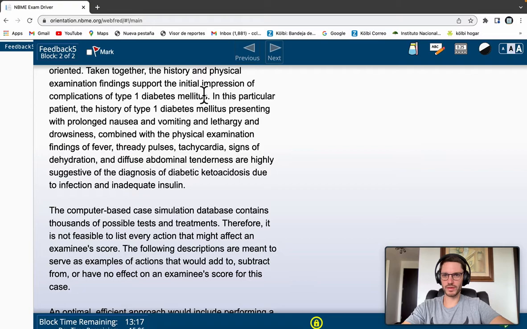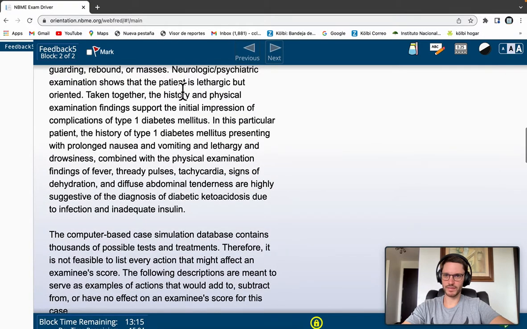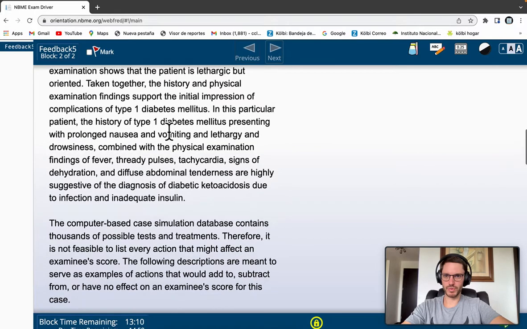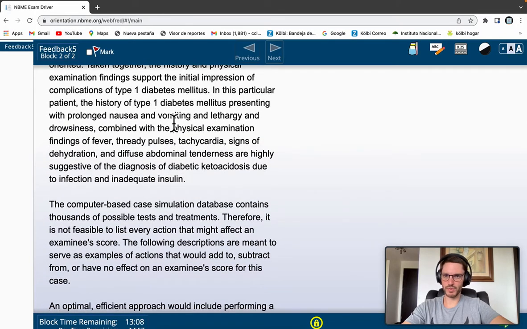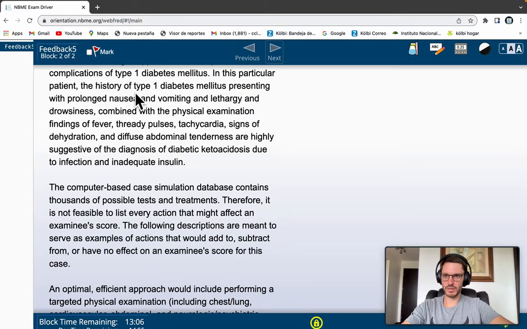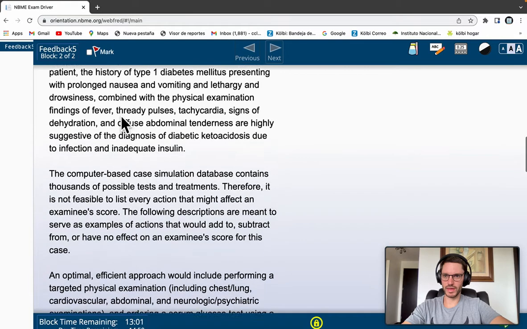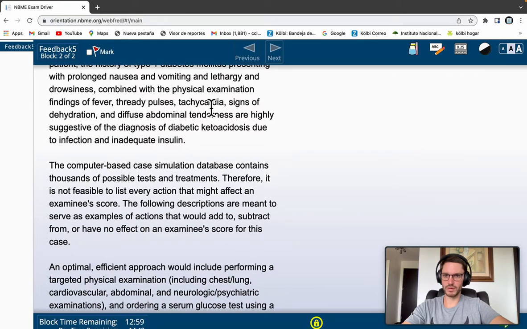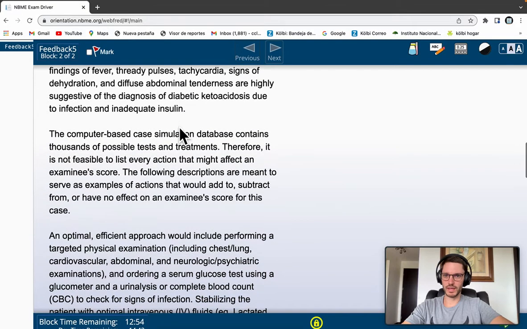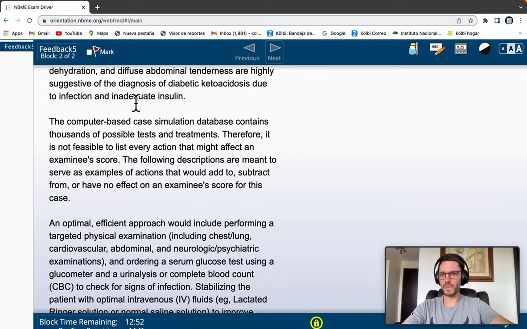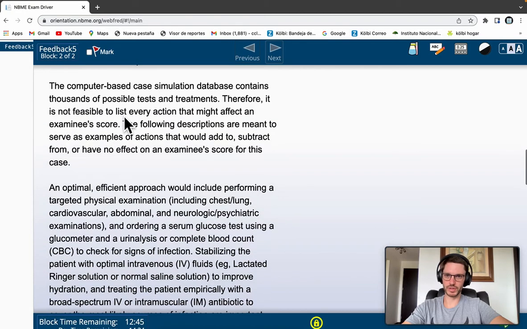Taken together the history, and so that's why we didn't have to intubate her. History and physical support the initial impression of complicated type 1 diabetes. In this particular patient, presenting with prolonged nausea, vomiting, lethargy, drowsiness, combined with the physical findings of fever, thready pulses, tachycardia, and diffuse abdominal tenderness, are highly suggestive of diabetic ketoacidosis due to infection and inadequate insulin.